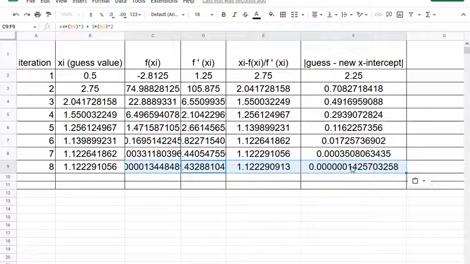And the difference here is small enough, and so the x-intercept of the function is 1.122909113.